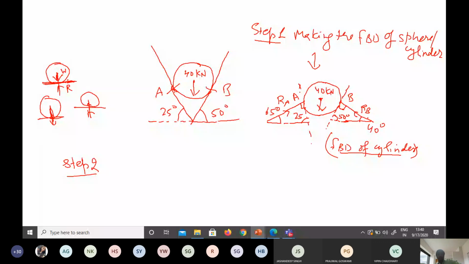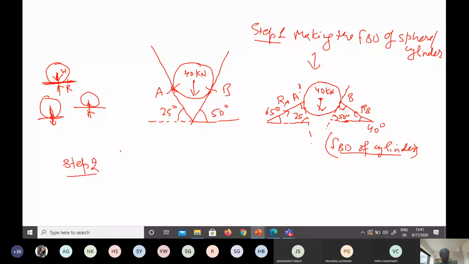So now write down step number 2. As the system is a concurrent coplanar force system, write it down on your copy with the pen. As the system is a concurrent coplanar force system, so all the forces must pass through a common point.